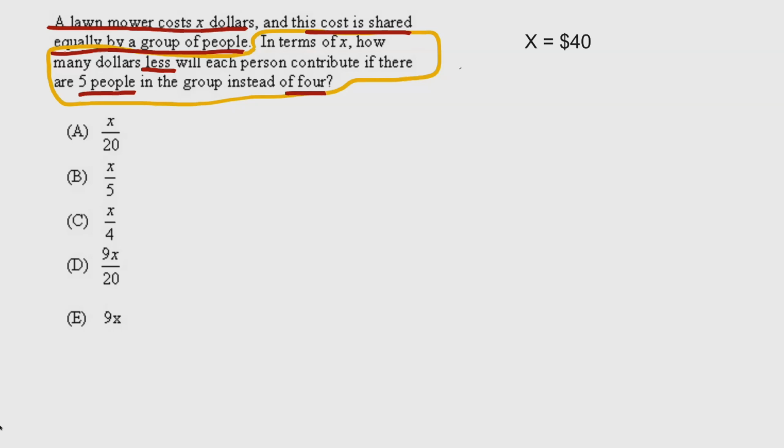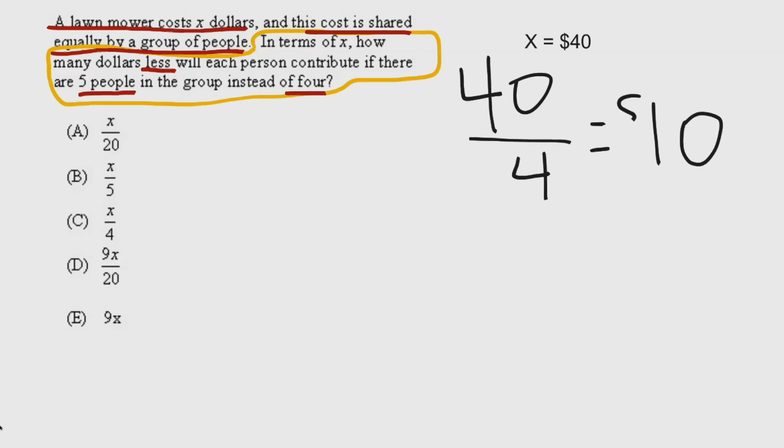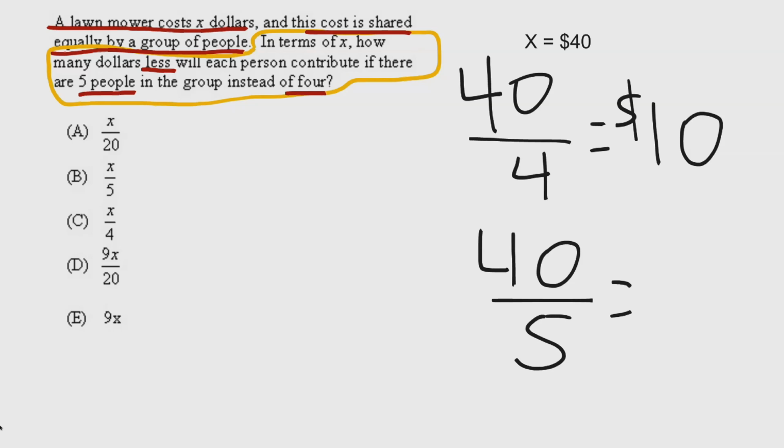It's easy enough. We're going to do 40 divided by 4, and we get $10. So in a group of 4, each person has to pay $10. But what about a group of 5? If we've got a group of 5 people, we're going to divide $40 by 5, and we get $8.